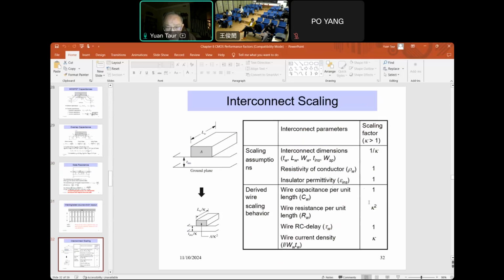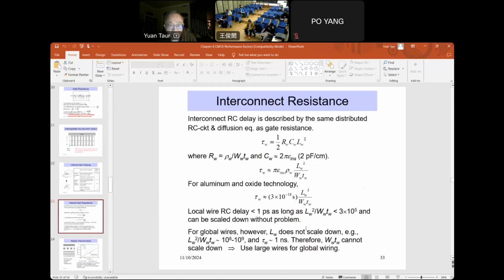And remember that the MOSFET resistance is unchanged. So if the wire resistance becomes higher, that will be a problem.